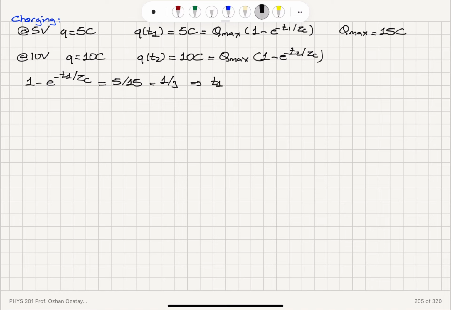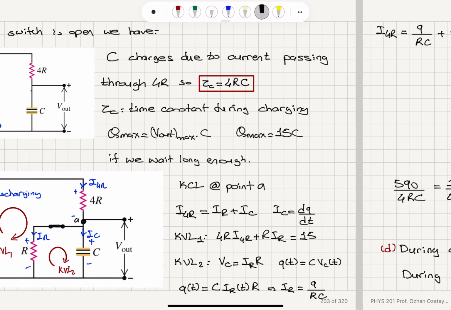Therefore, for the time T1 when I have 5 volts, I will have 1 minus 1 over 3, which gives 2 over 3 equal to exponential minus t1 over tau c, which was found in part B to be 4RC.